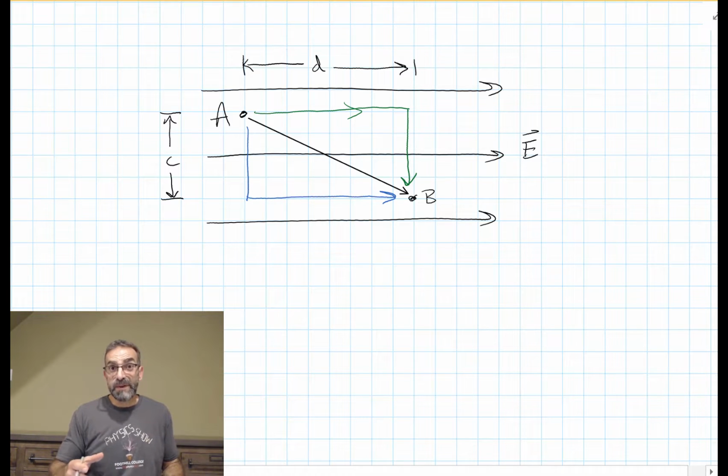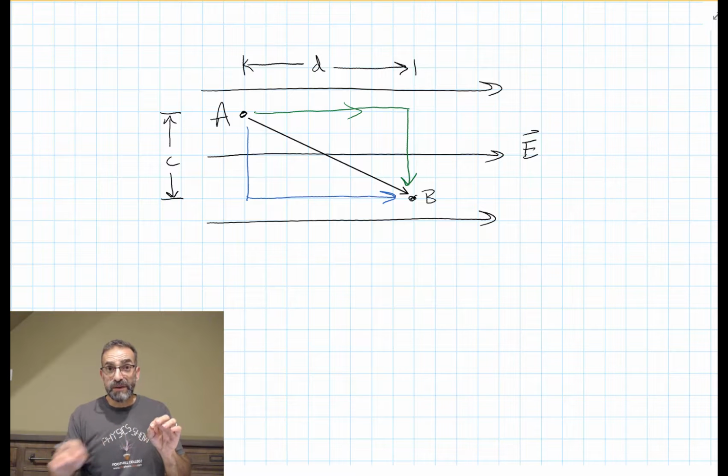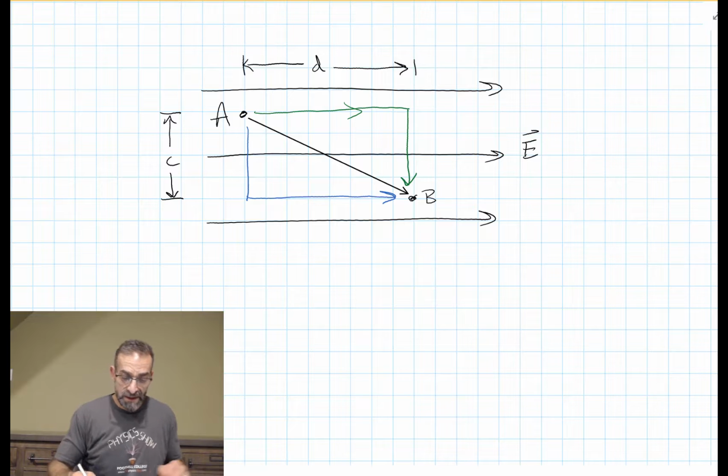Or any number of other paths. It turns out they're all the same potential difference because the electric force is a conservative force. The work done moving a particle from A to B is the same on every path. And when we divide by the charge, we get the same value for each path.